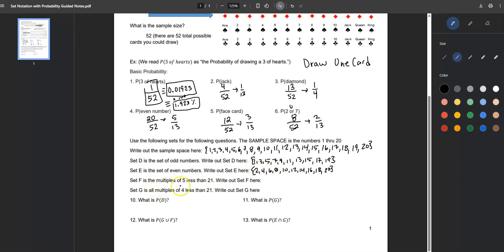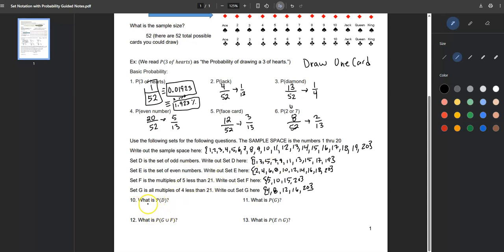Let's see, set F is the multiples of 5. So this would be 5, 10, 15, and 20. And the multiples of 4, so 4, 8, 12, 16, 20. Okay, so now we should be able to go through and answer probability questions.